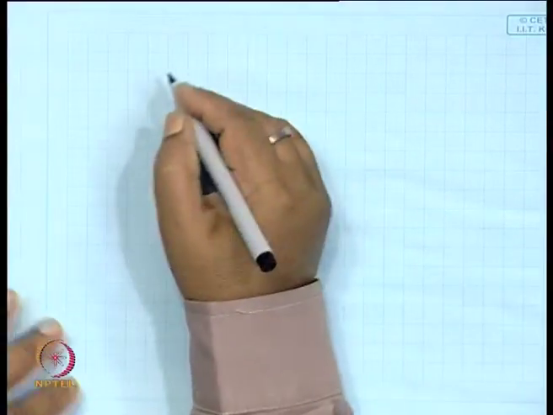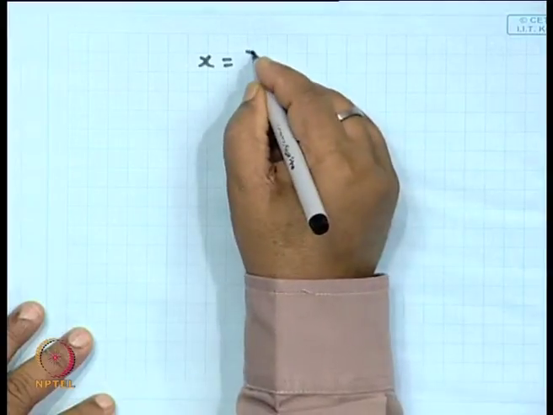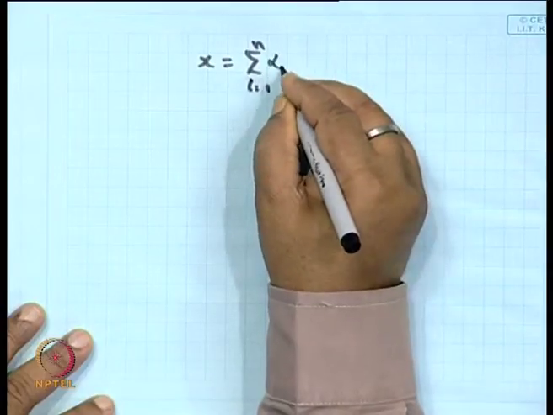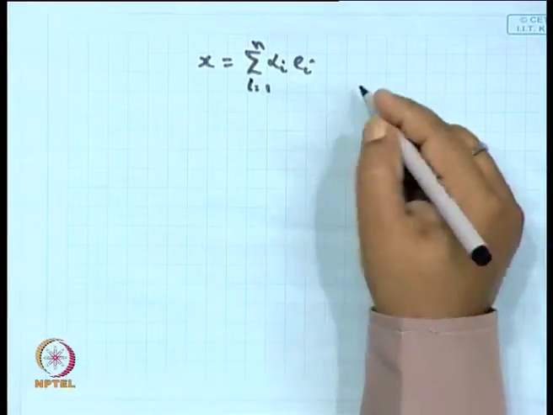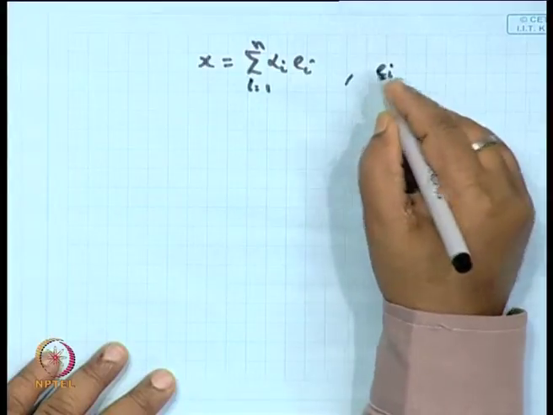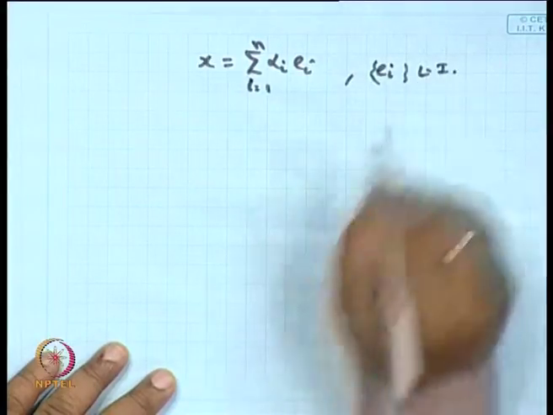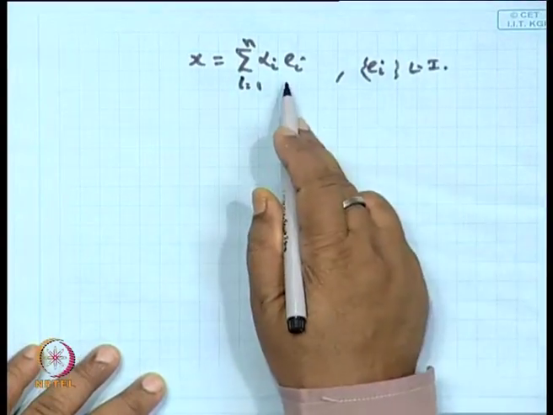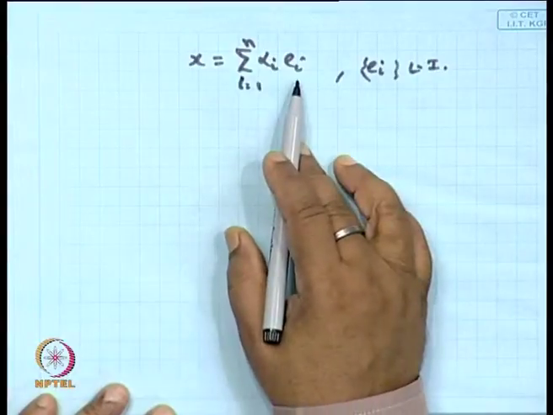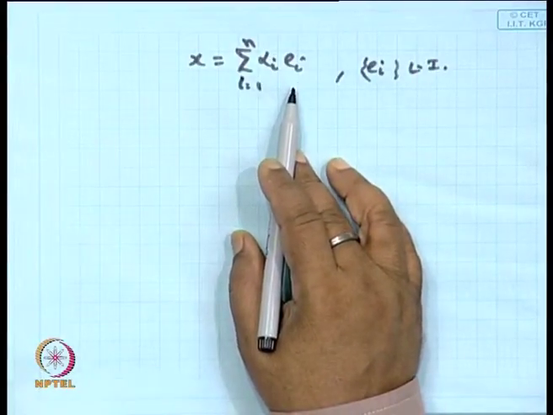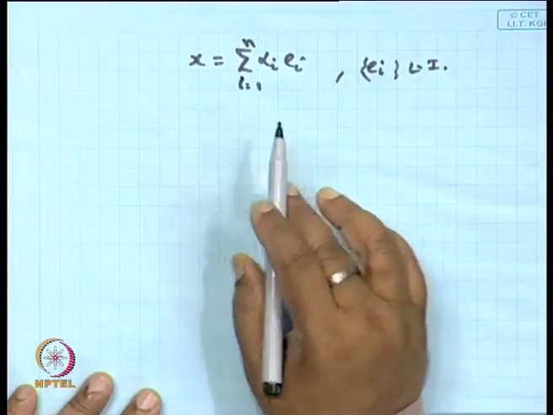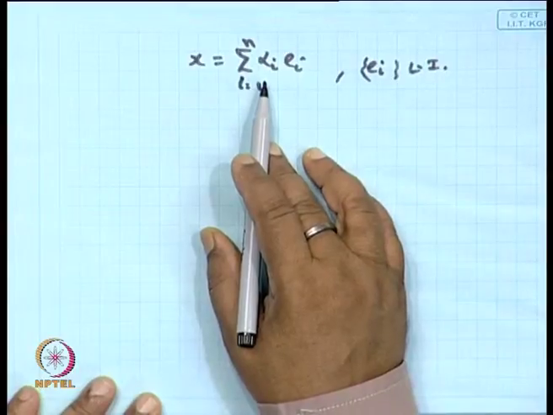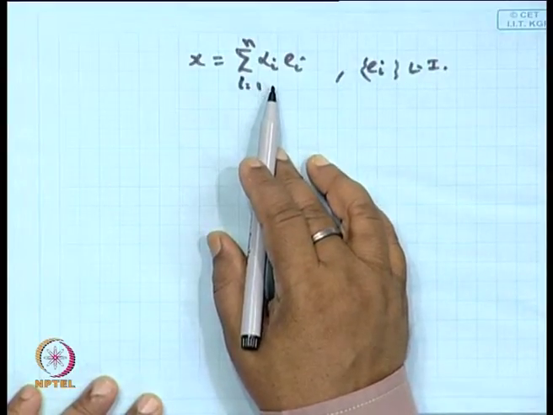Now, since x is expressed as the sum i equal to 1 to n of alpha_i e_i, where e_1, e_2, ..., e_n are a linearly independent set of vectors, because these are the elements of the basis. For linearly independent vectors, we have seen one result, that if e_1, e_2, ..., e_n are linearly independent vectors, then one cannot expect a vector involving large scalars to have a small length.